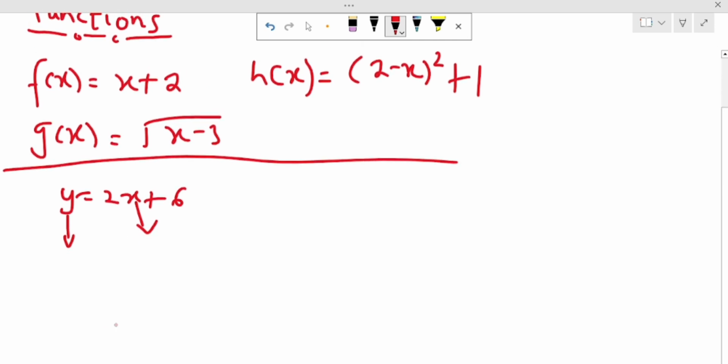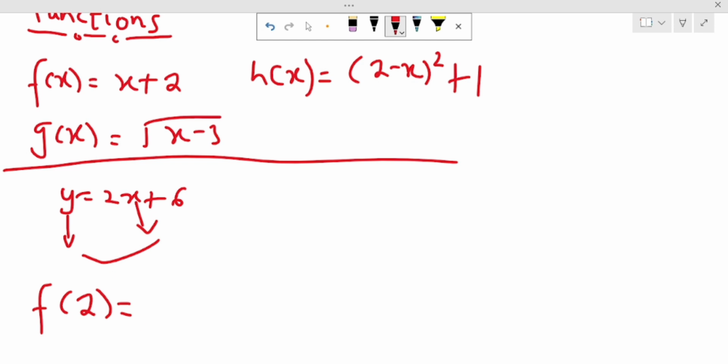Now let's come to evaluating a function. Let's take this example and evaluate it. So f of x is equal to x plus 2. We say find f of 2. When we are given something like that, it means that wherever we find x, we put 2 and solve.